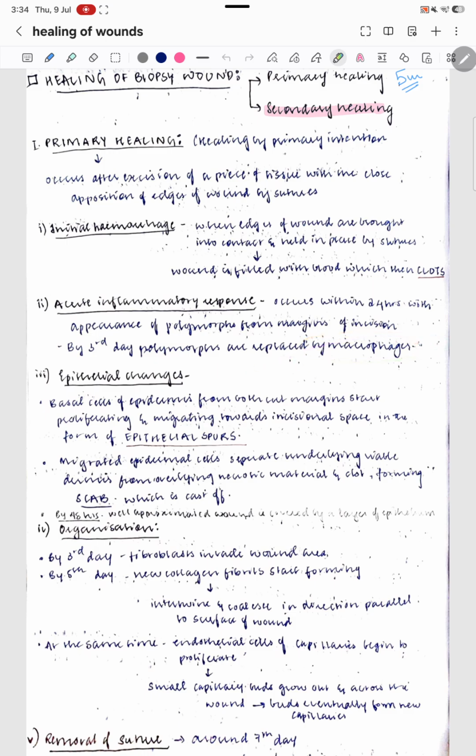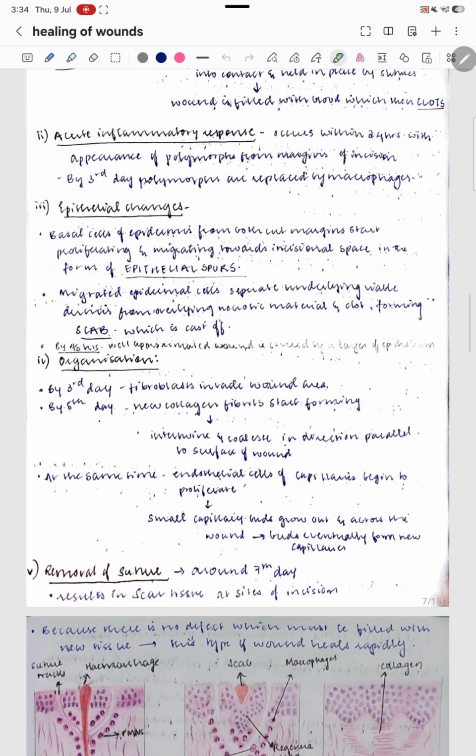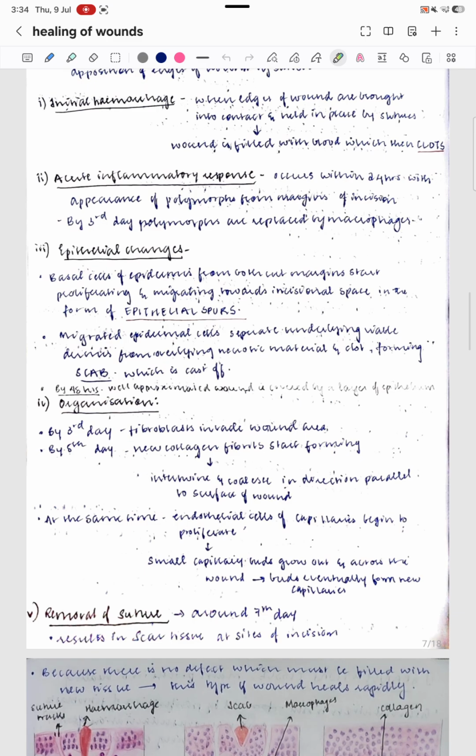Then the epithelial changes occur, in which the basal cells of the epidermis from both cut margins start proliferating. So epithelial changes occur after the acute inflammatory response.